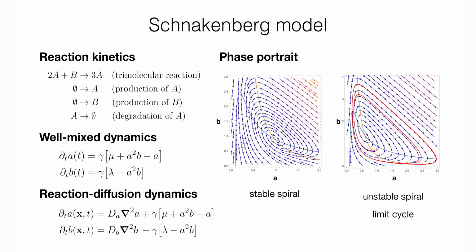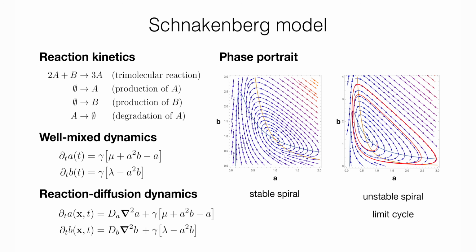Then we have this term A squared B, which I take as the basic unit. This is this trimolecular reaction. And minus A here denotes the degradation of A. And of course, if you have a plus term here from the trimolecular reaction that produces more A, you have to have the corresponding minus term for the reaction of species B, right?